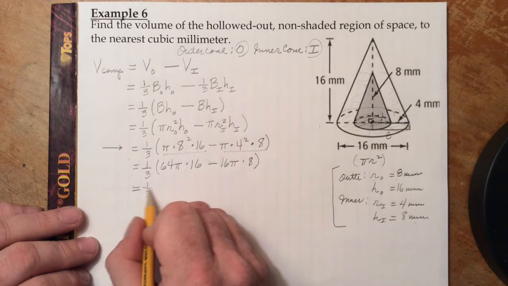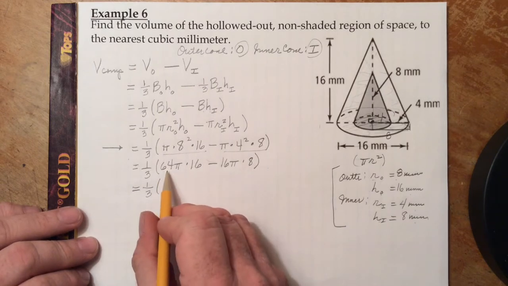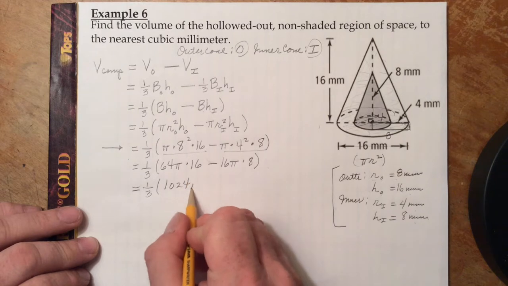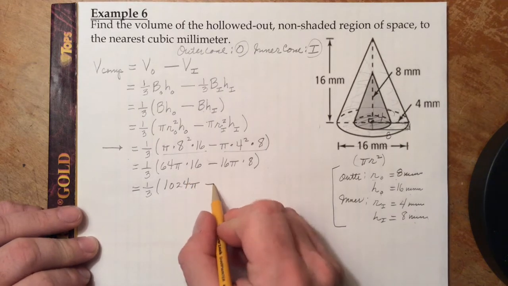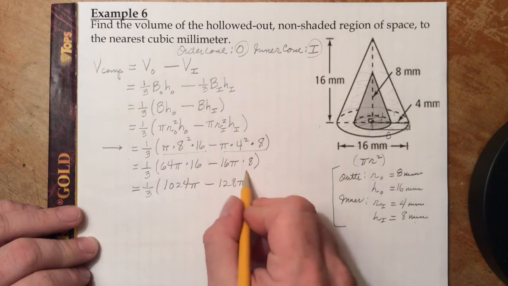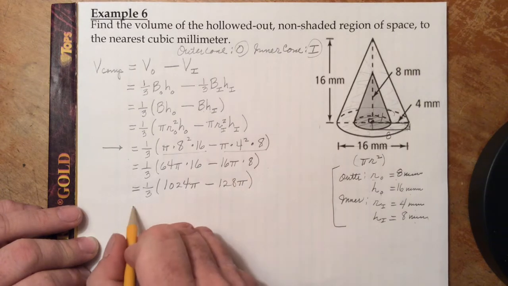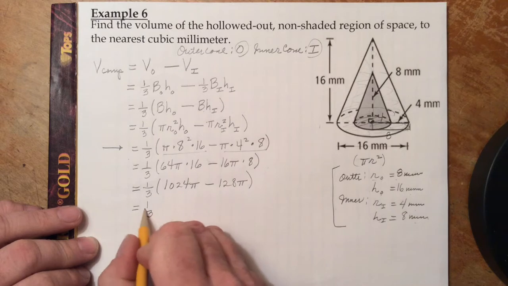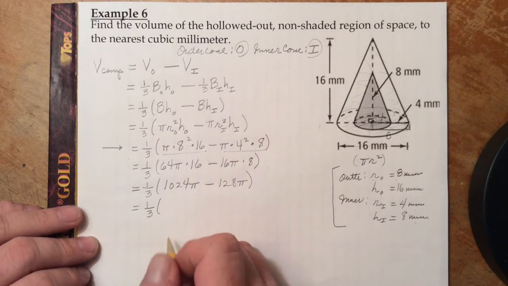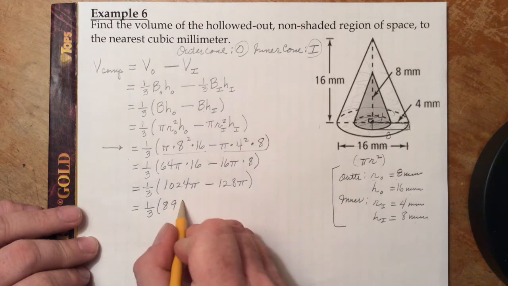Simplifying further, we get 1/3 times 64 times 16 is 1024 pi, minus 16 times 8 is 128 pi. These are both pi terms, so we can subtract those. We have 1/3 times 1024 pi minus 128 pi, which is 896 pi.